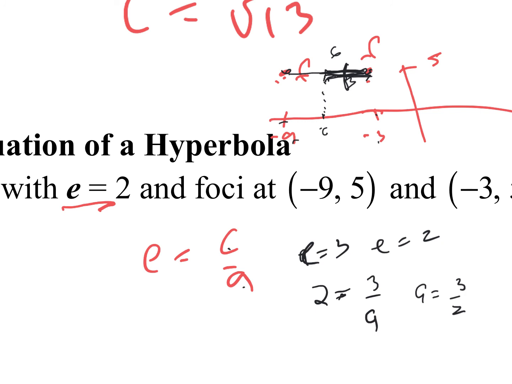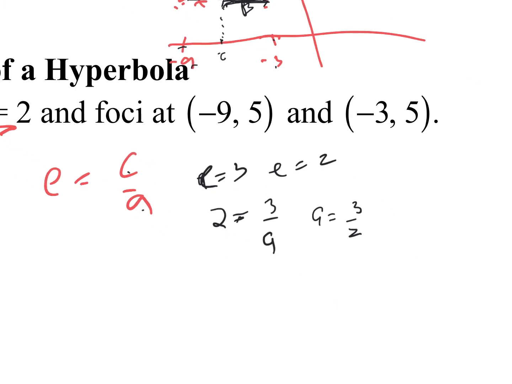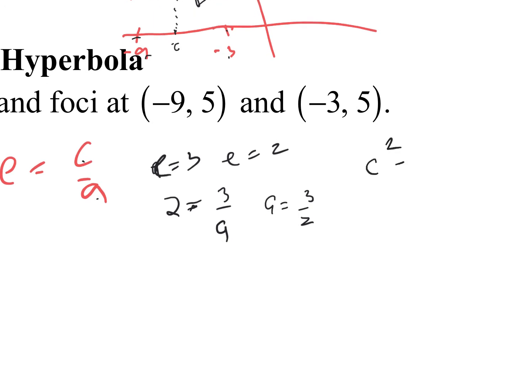Okay, and I know that C squared is A squared plus B squared. So C squared, which is 9, equals A squared, obviously A is 3/2, so A squared is 9/4, plus B squared. I've got to solve for B squared.